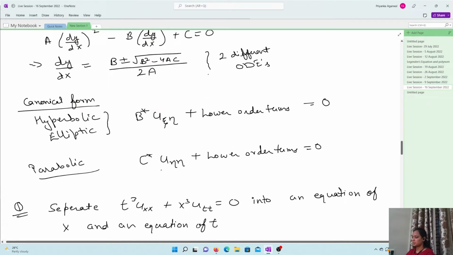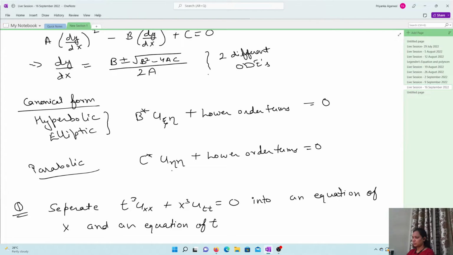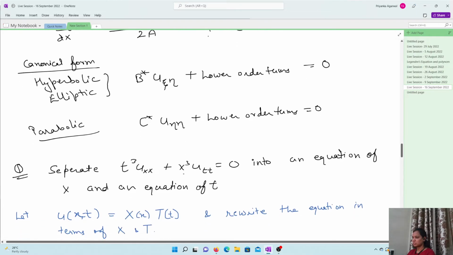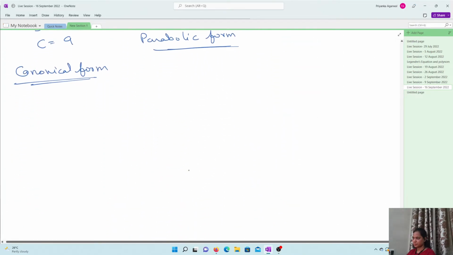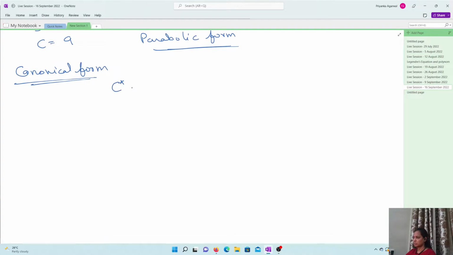This is what the parabolic canonical form looks like: C star u_neta neta plus lower order terms equals 0, and we know what C star is.